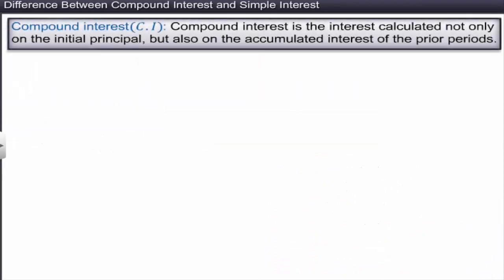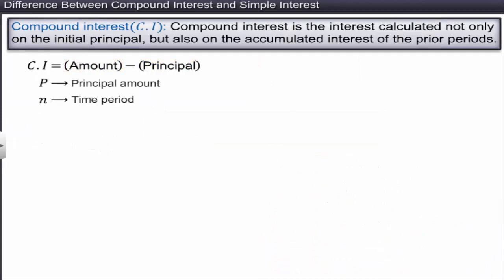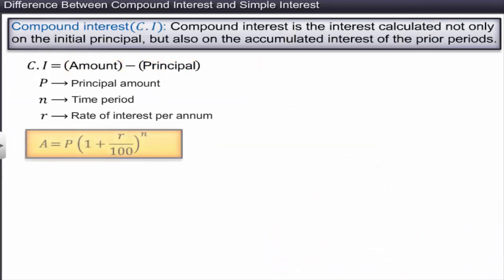Compound interest is the interest calculated not only on the initial principal, but also the accumulated interest of the prior periods. Compound interest is the difference between the amount and the principal. If a sum or principal P is borrowed or invested for n years at R% per annum, then the amount is equal to principal multiplied by 1 plus R upon 100 whole power n.